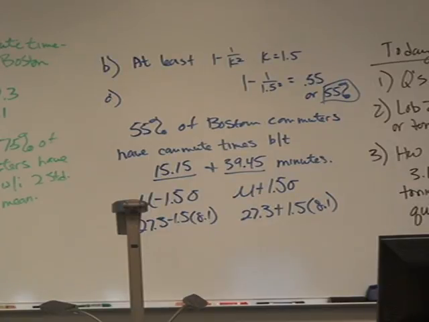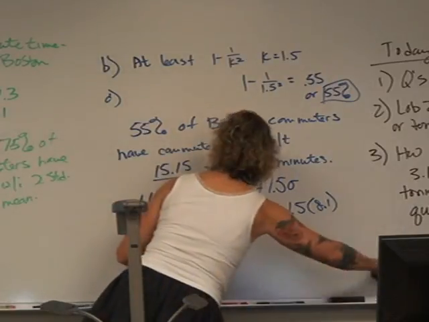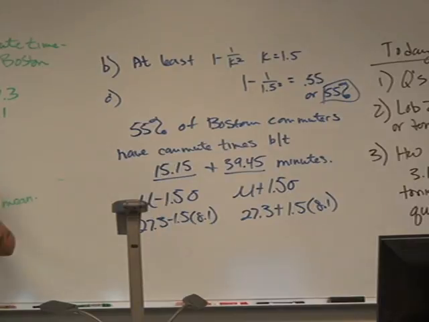So what do we get? 3 standard deviations? Okay, thank you. So if you take the mean, the 27.3, and subtract 8.1 3 times, okay, we get to 3 minutes.